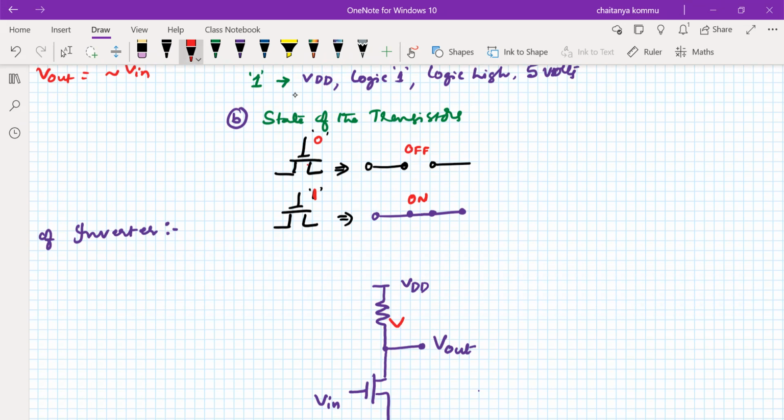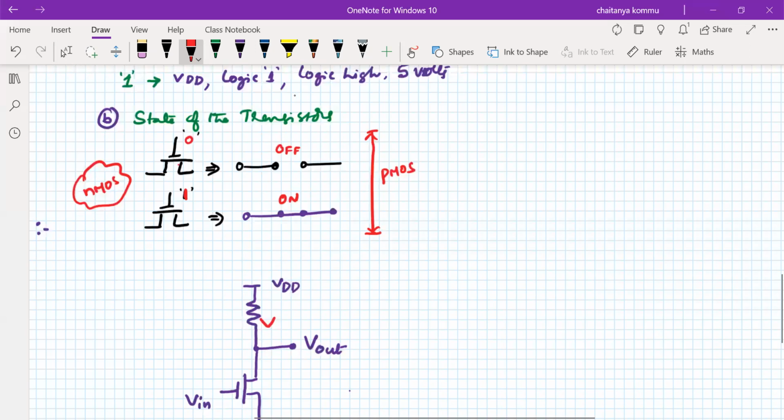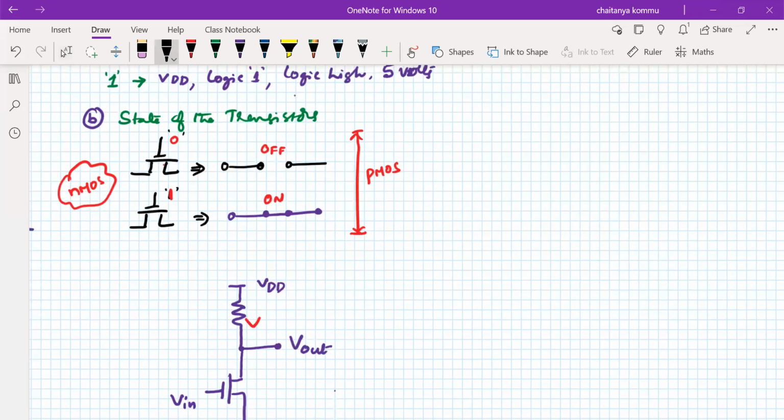The opposite behavior is observed for a PMOS transistor. As everybody knows, that was an nMOS. If you consider the PMOS transistor, opposite behavior can be observed. What is the opposite behavior? A PMOS transistor is represented with a bubble.